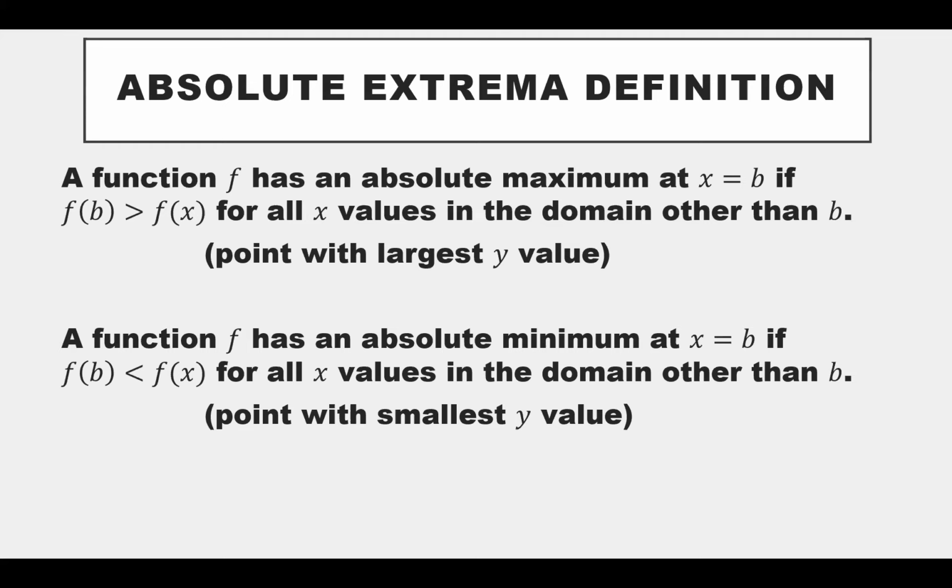An absolute minimum of a function is going to have the smallest y value for all points in the domain. Sometimes the absolute maximum and the absolute minimum are called universal maximum and universal minimum in other books. So you may see that as well. The more common term is absolute max and absolute min, but there are other terms as well.